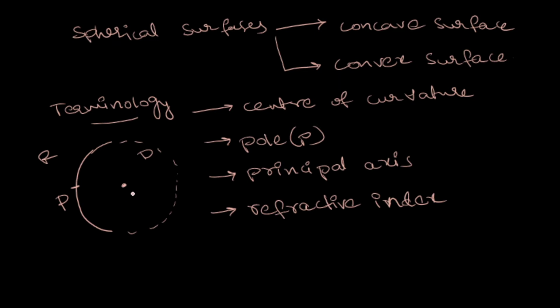The center of the sphere is known as the center of curvature of this curved surface, and it is denoted with C. If you draw a line that joins the pole and the center of curvature, this line is known as the principal axis.